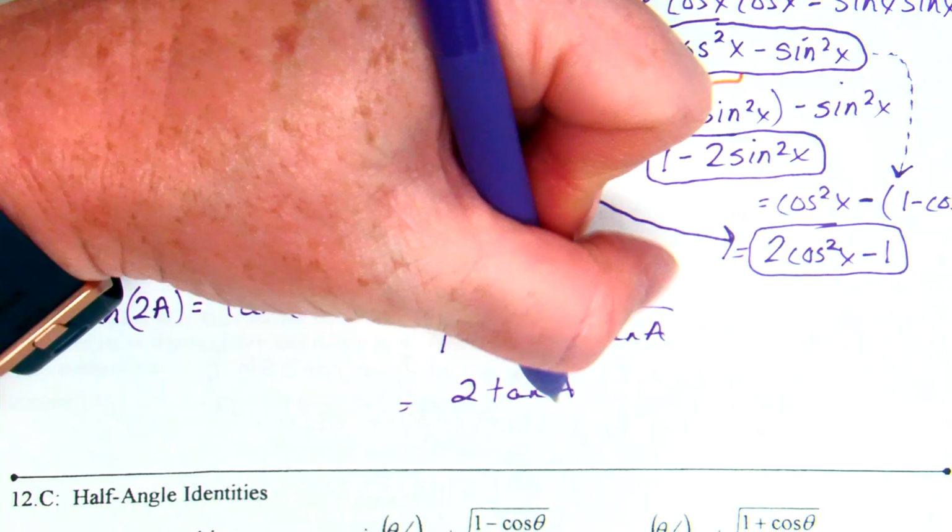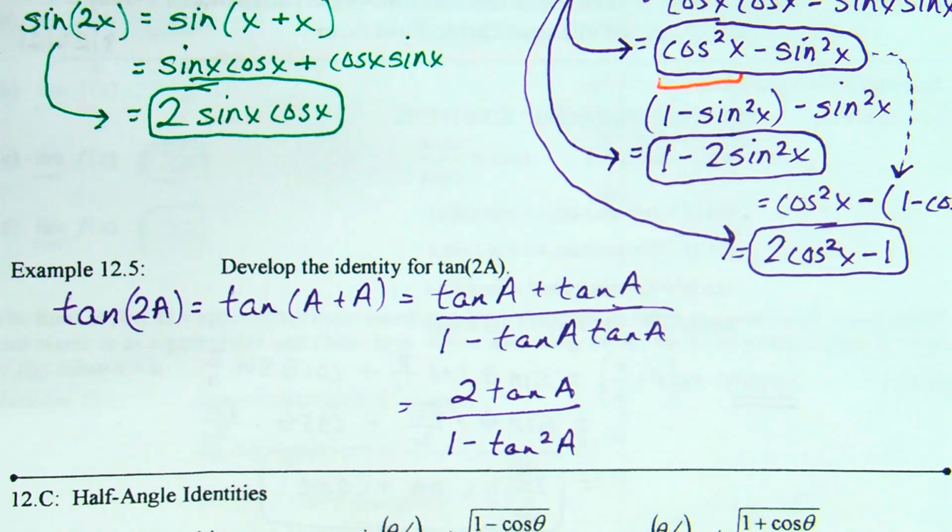Yeah, 1 minus tangent squared A. So that is our identity for the double angle of tangent.